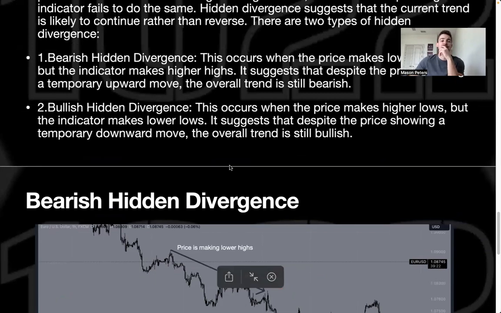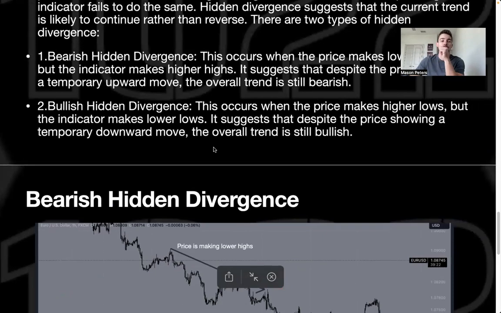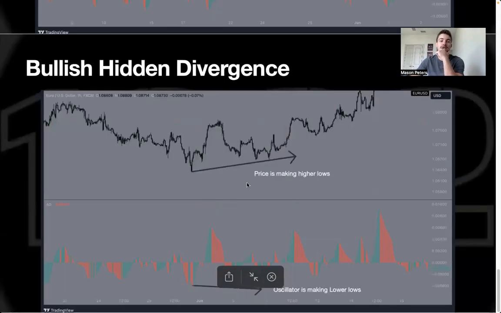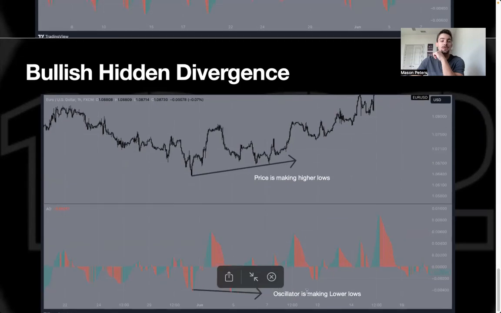Now, bullish hidden divergence occurs when price makes higher lows, but the indicator makes lower lows. So let's look, right? Price is making higher lows. So this set of lows is higher than this set of lows. The oscillator is making lower lows.